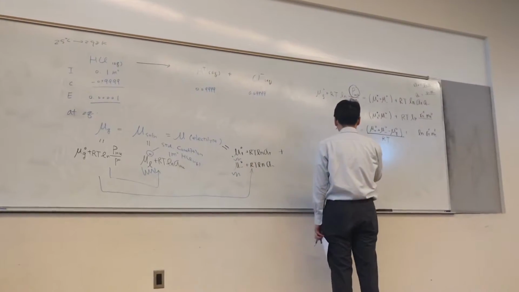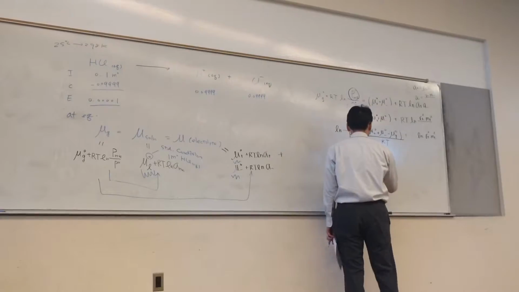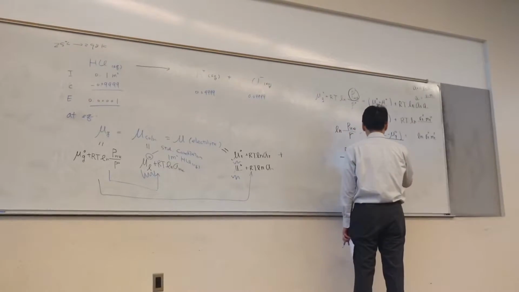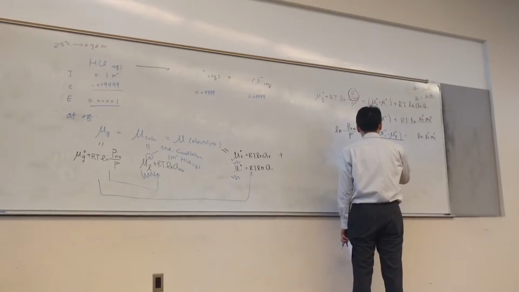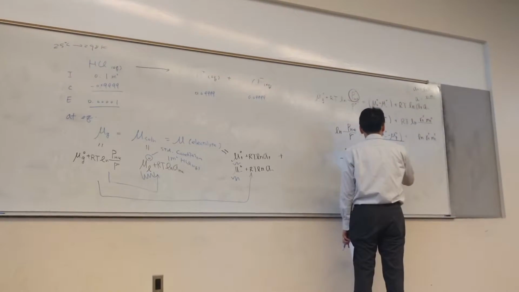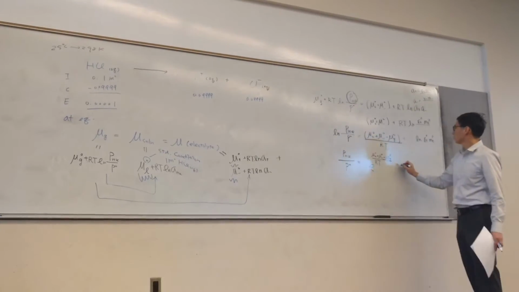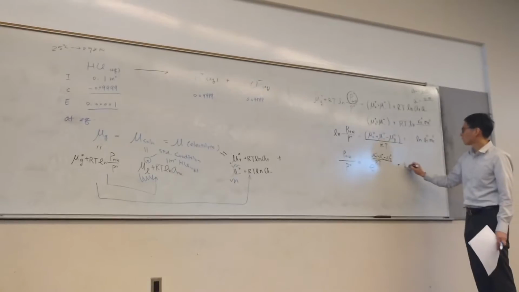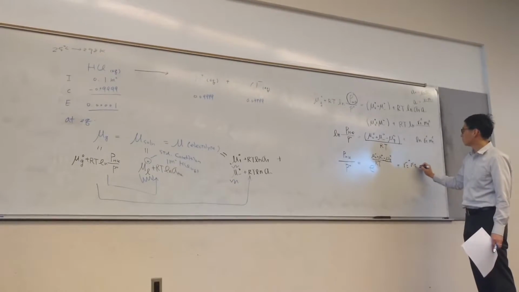Then you have your PHCl divided by your P naught is going to equal to exponential of mu plus naught plus mu minus naught minus mu G naught over RT, plus gamma plus minus square and m plus minus square.